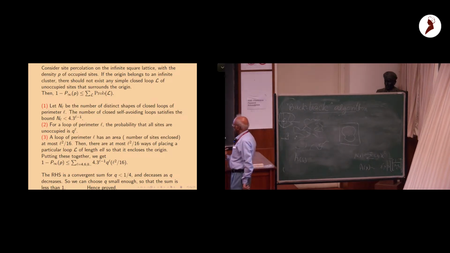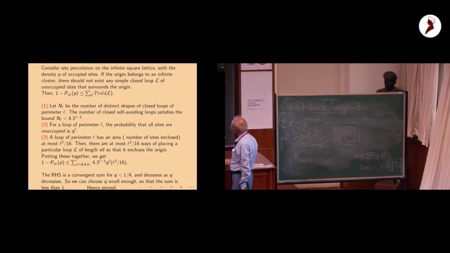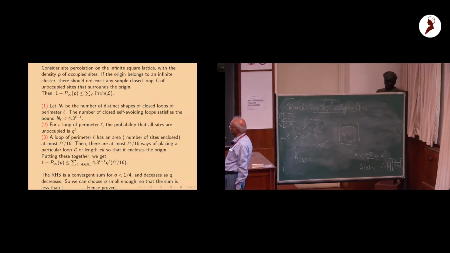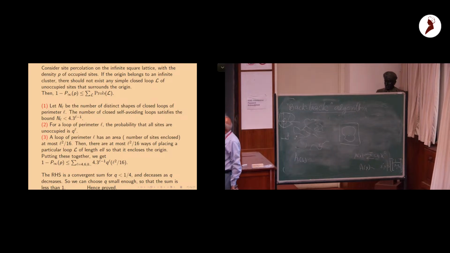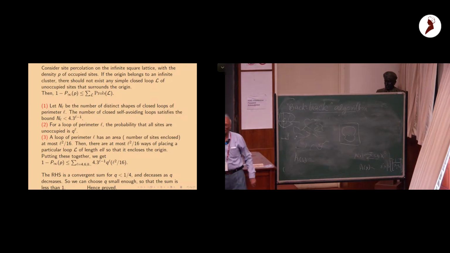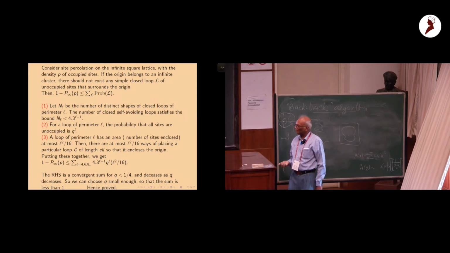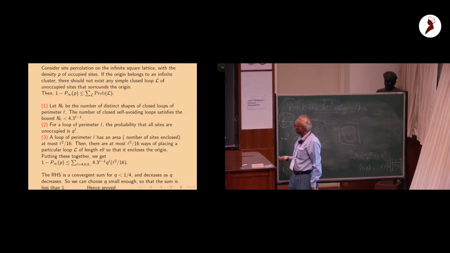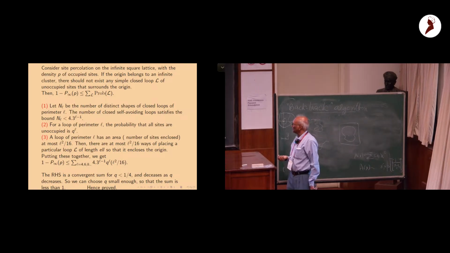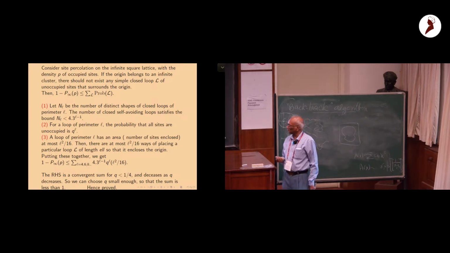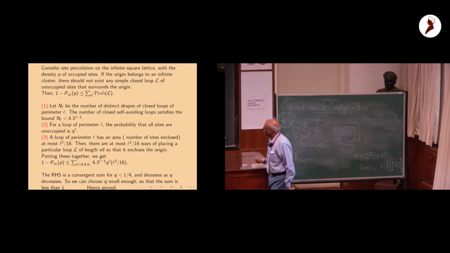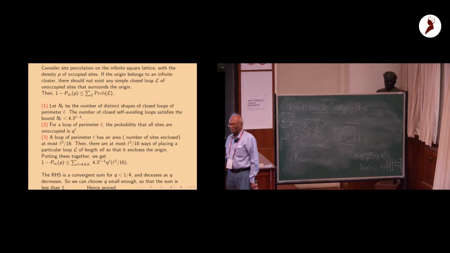Okay? And now I just stare at this and say, if q is, and the summation over L, let's be careful, it is 4, only even lengths are allowed, 4, 6, 8. I don't want to keep the other terms, but keep the even lengths. And then if q is small enough, then this sum will converge to a quantity which can be made pretty small.